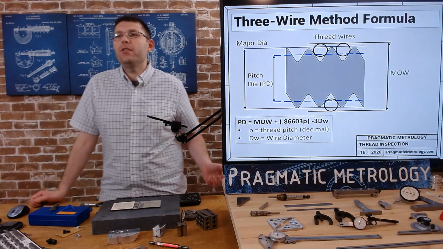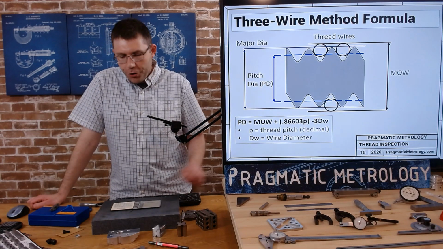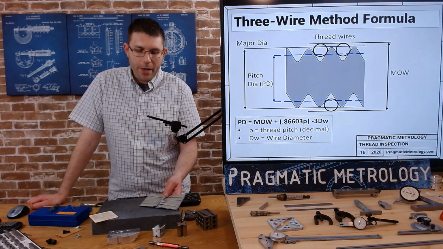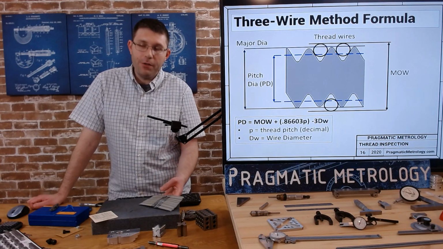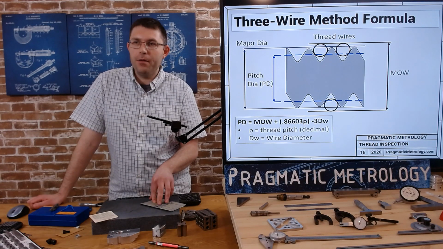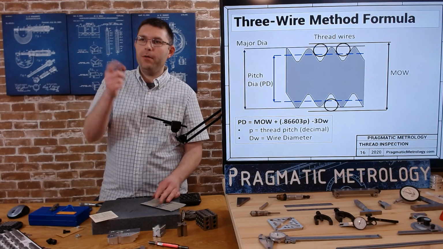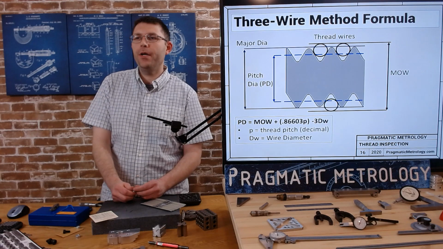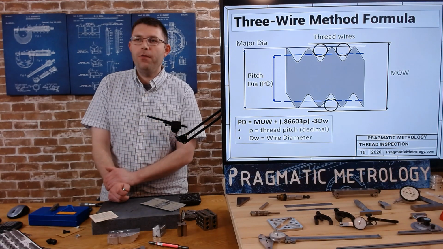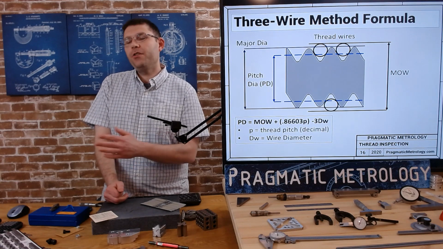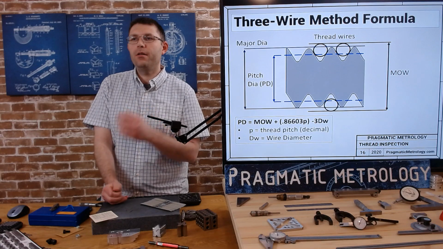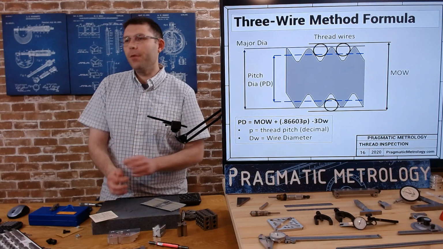So what that looks like, your wires will have a chart to tell you which wires to grab, and then you will hold the wires inside the thread and take a micrometer across those wires. And then there's a formula there you can use. There's actually a few ways you can calculate this, but this is the most basic, common formula available.